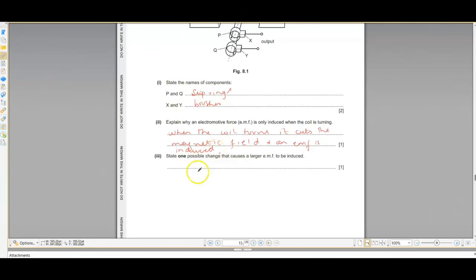The third part states: state one possible change that causes a larger EMF to be induced. If you want a larger EMF, you can do two or three things. First, you can increase the strength of the magnetic field. This is going to result in a larger EMF being induced. Or you can increase the number of turns of the coil.